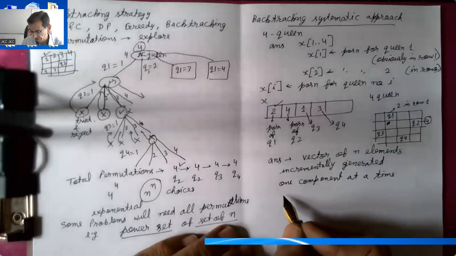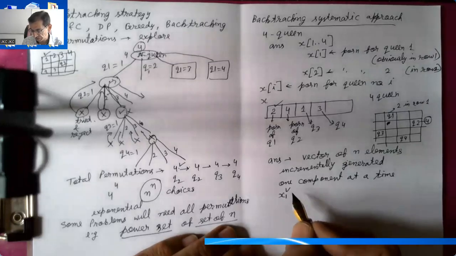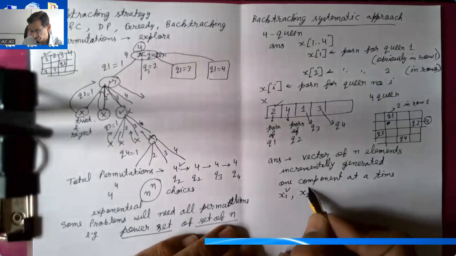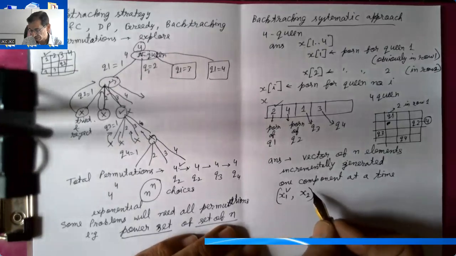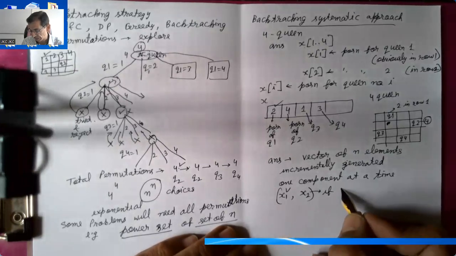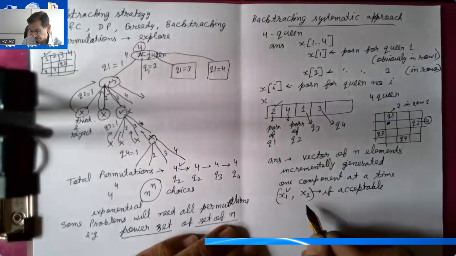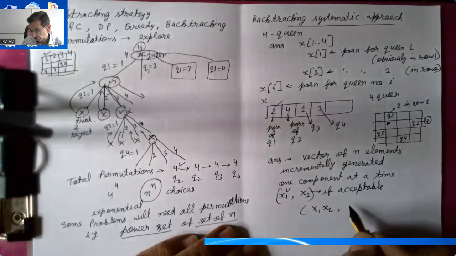So what I generated, I said, let x1 be generated. And obviously, initially x1 is okay. Then I will generate some value for x2 and check. If acceptable, then I will say use these values, and x1, x2 are already okay.